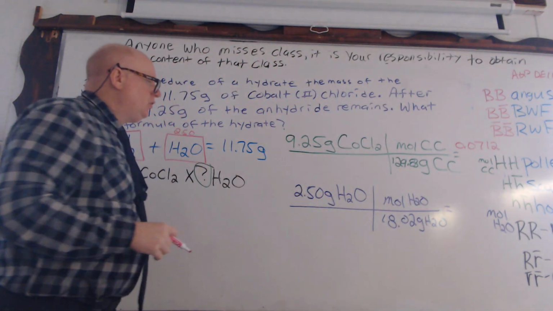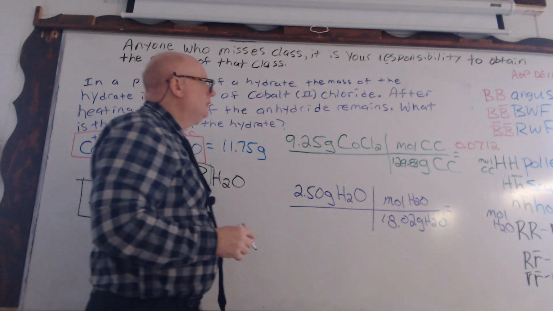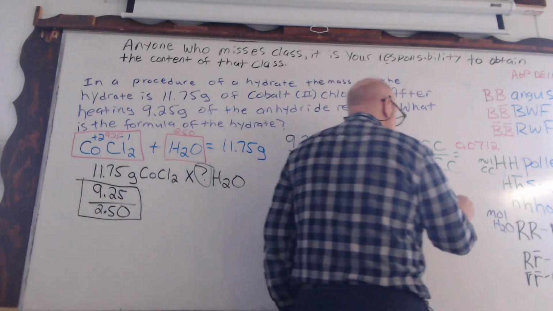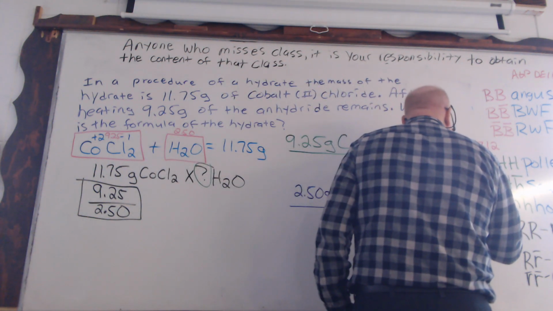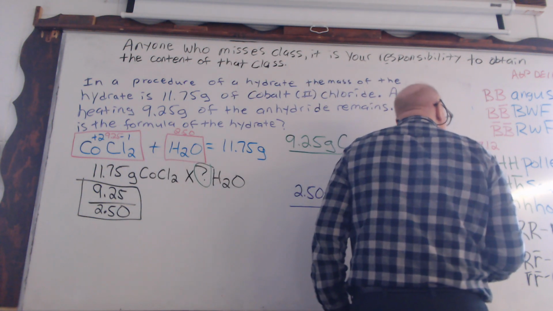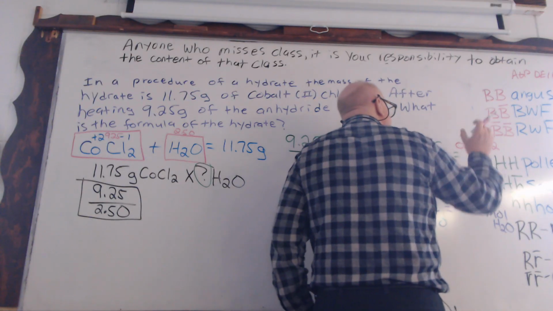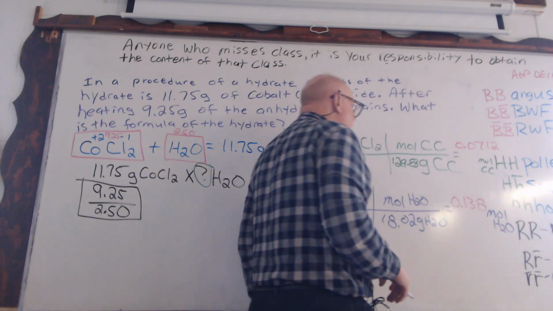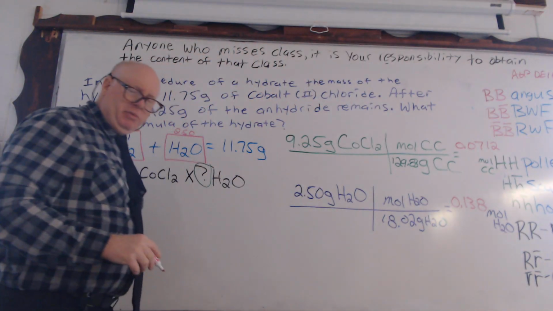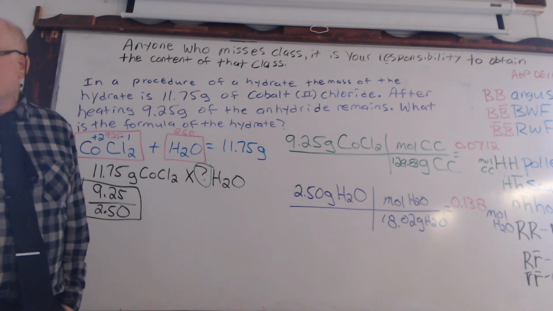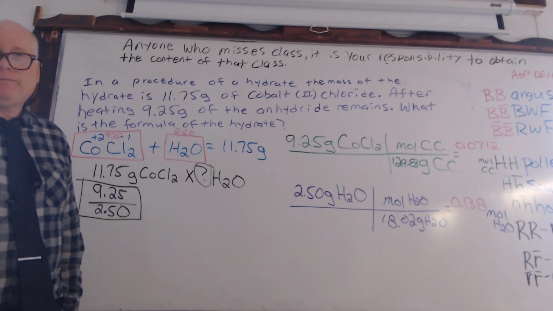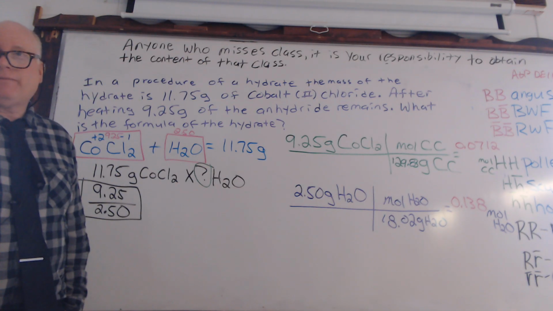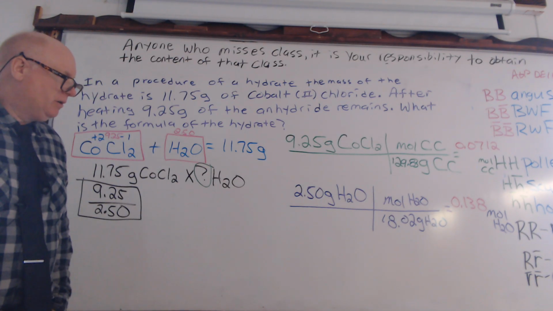What about moles of water? 0.138. Okay, so we do have 3 non-zero digits in each case. So then, what type of problem does this remind you of then? Yeah, this would be an empirical formula problem.